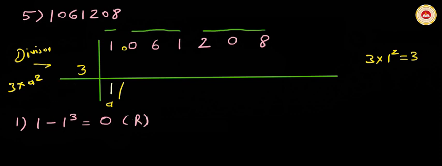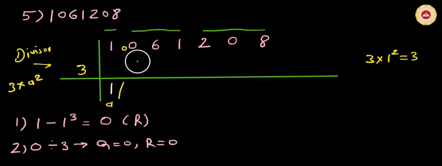Now, second step, consider this dividend 0. Divide this 0 by 3, which gives quotient 0 and remainder 0. Write quotient 0 below this dividend and remainder 0 as a prefix to the next digit. Now read this as 6, and this is our gross dividend.